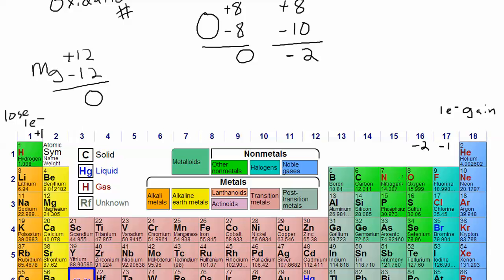And just like it was easier for oxygen to gain 2 electrons to get to 8, it's going to be easier for magnesium to lose 2 rather than to try to gain 6. So it's going to lose 2 valence electrons, and then that's going to give its next lower energy level that'll be full of 8. So if it's losing 2 electrons, it'll still have 12 protons, but it lost 2 electrons, so now it only has 10 electrons.